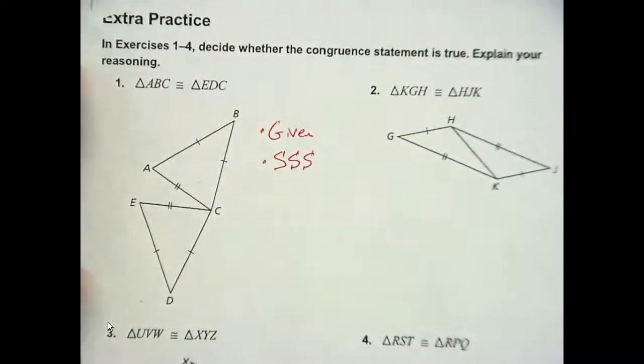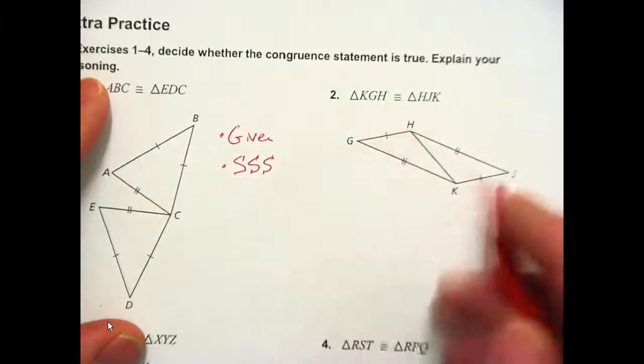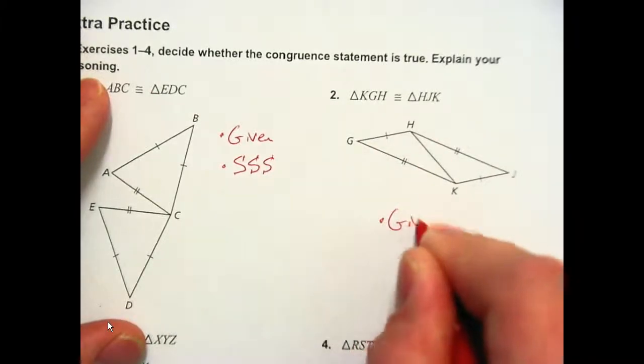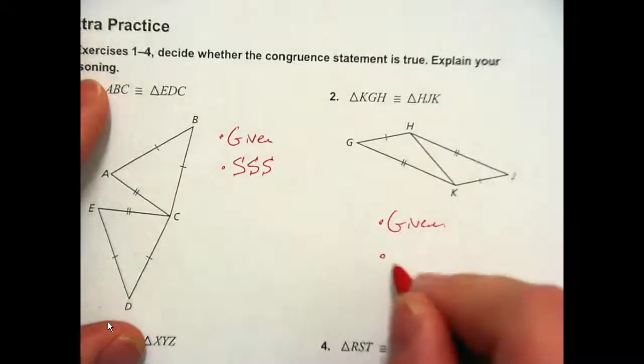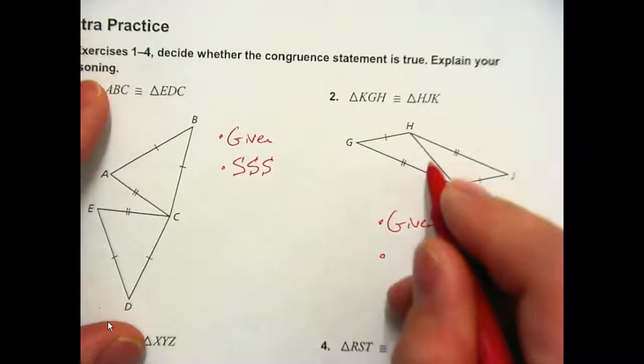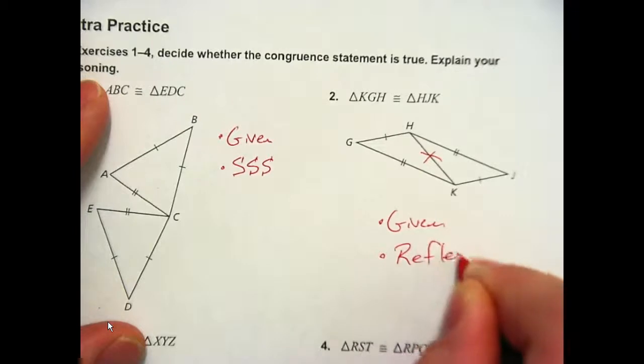Okay, let's take a look at number 2. We have our given. And then we have? Line HK is congruent to line KH by reflexive property. Okay, good. We have reflexive. And then we have?